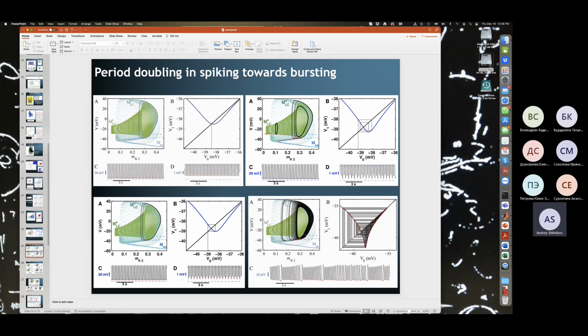And if you look at the papers that I just showed, we demonstrated that you undergo a period doubling cascade as that drop gets steeper, which means the derivative becomes steeper, greater than 1 in absolute value.